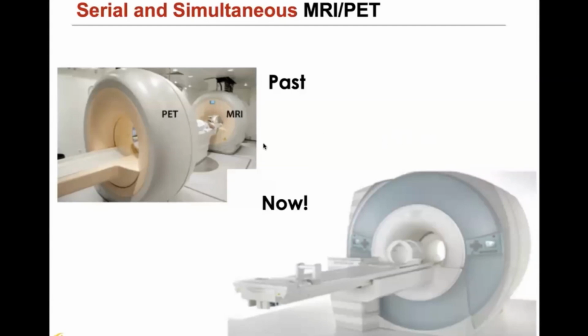And this image shows why we want to do this kind of hybrid imaging. Before, you would put maybe two systems side by side. You first go to the PET, then go through the MRI machine, in a sequence. But now we can combine these in a single machine and do this simultaneously.